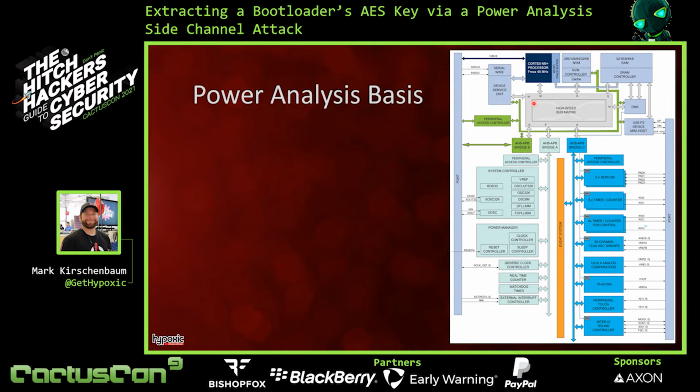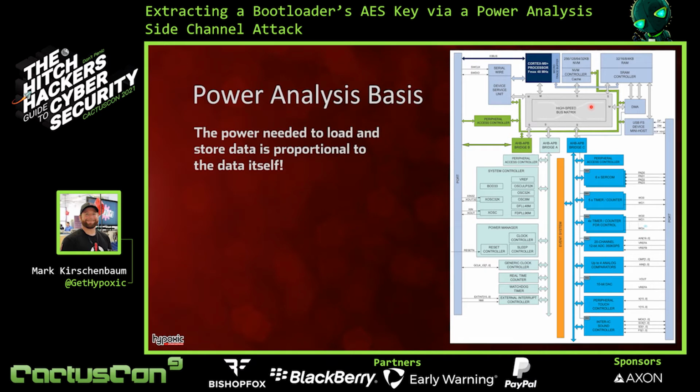obviously there's going to be some power that's necessary to do that. Now, the basis of power analysis is when we do that read or write, the power required is going to be proportional to the data we're reading or writing on the bus. Pretty nifty stuff. So let's say, for instance, I'm going to be writing into the SRAM, I'm going to write like all A's. Okay, that's going to use a certain amount of power to do that.